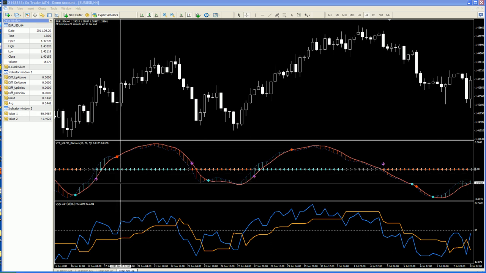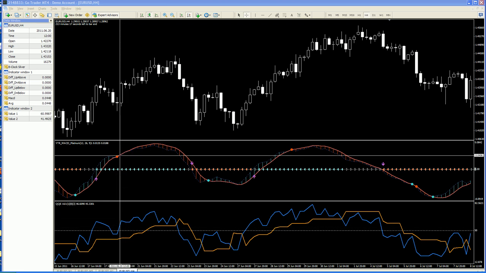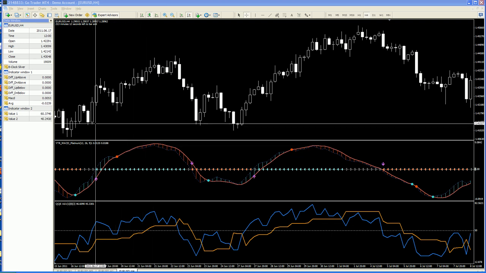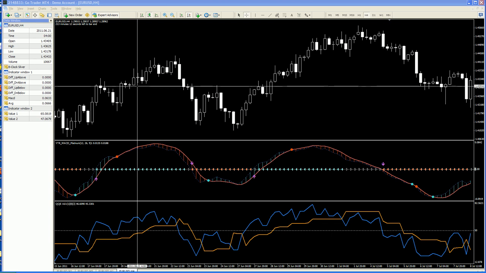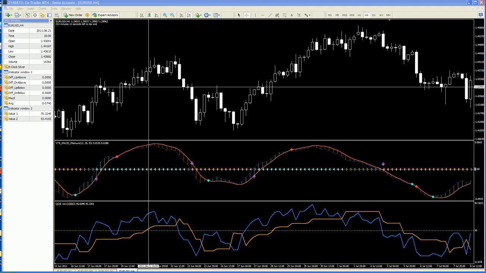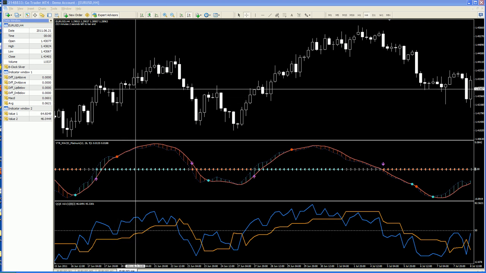So technically the QQE is long, but the MACD platinum is short, even though it's still got that curve up, which is good. So we're still in that position with a no lose position because we've closed half at that dot and moved the stop up to break even.